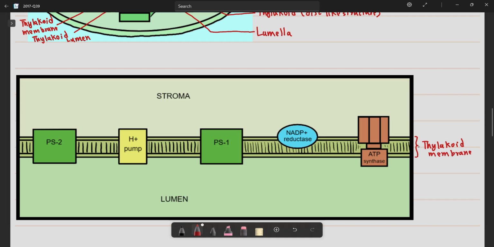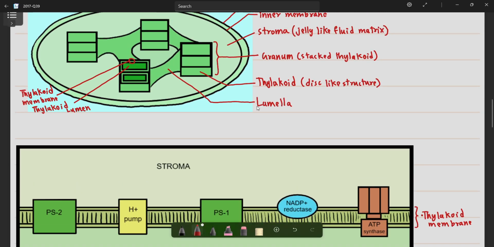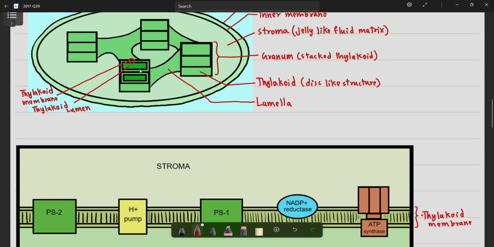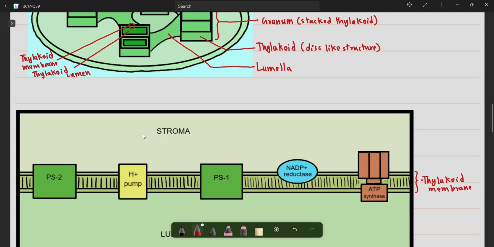Now, what this structure exactly is: this thylakoid membrane, the one that I've circled over here. This diagram is the zoomed-in structure of the thylakoid membrane. I've enlarged the picture of the thylakoid membrane to show you exactly how the structure looks.